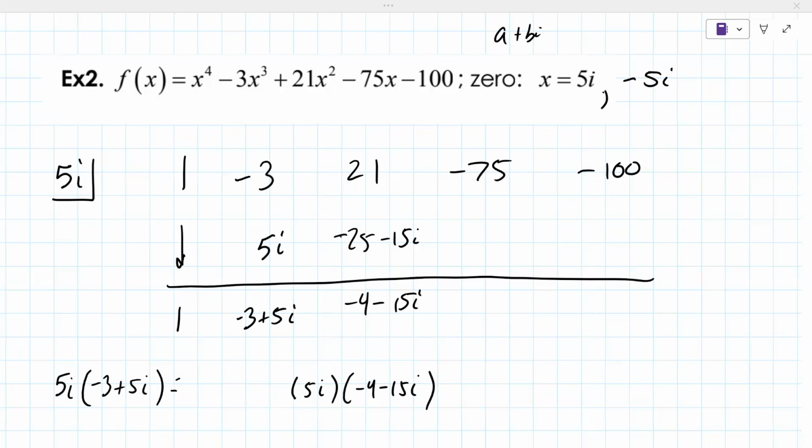I got 75 minus 20i. That is correct. So that becomes just minus 20i. The last one becomes 100, which is 0.